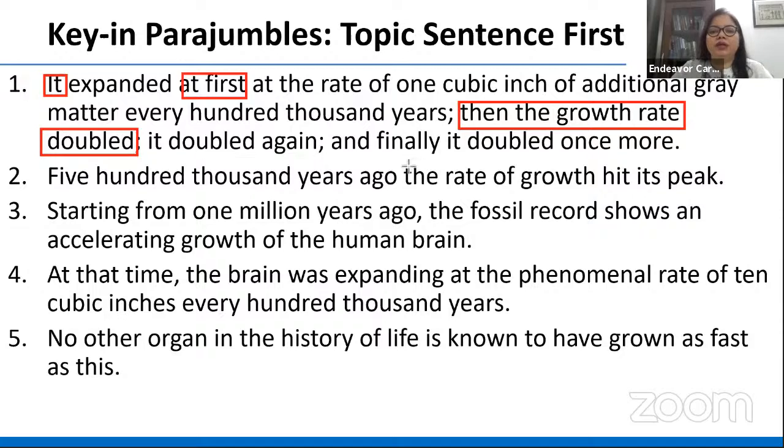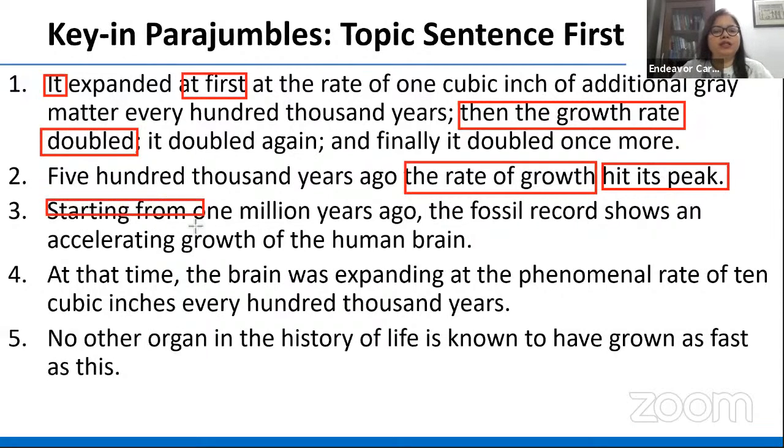500,000 years ago, the rate of growth, which has been mentioned in the first one, hit its peak. Okay, I have the number of years mentioned, a time period mentioned. Starting from 1 million years ago, the fossil record shows an accelerating growth of the human brain.